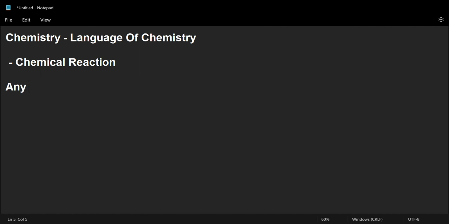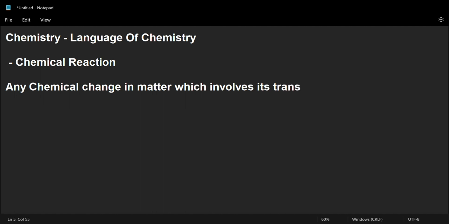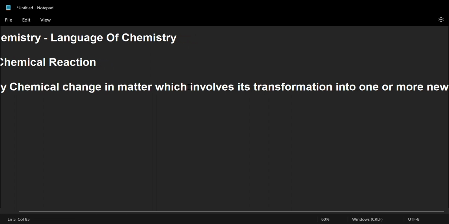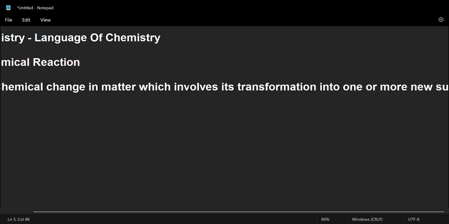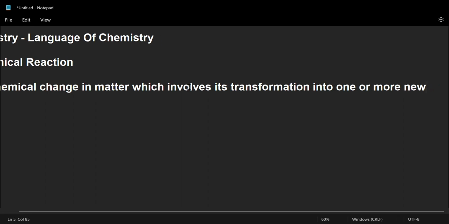So we are going to be writing: any chemical change in matter which involves its transformation into one or more new substances. So, one or more new substances.